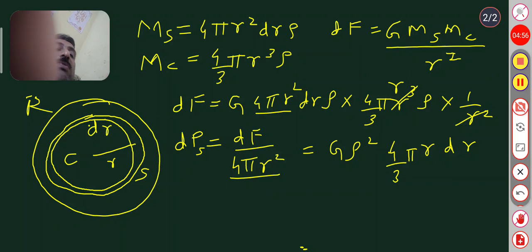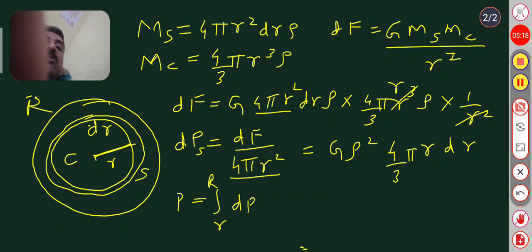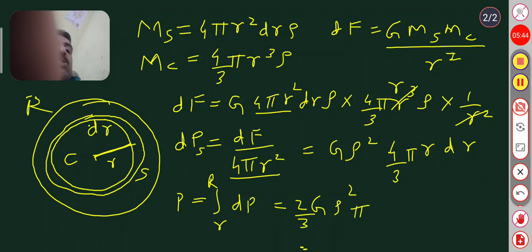If you want to calculate the total pressure at this distance r, it is nothing but integrating this dp from small r to capital R. When you integrate it, you will get 4 by 3 becoming 2 by 3, G rho square into pi into r square minus small r square.